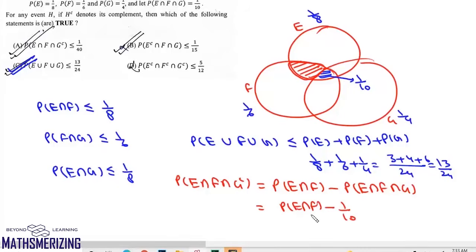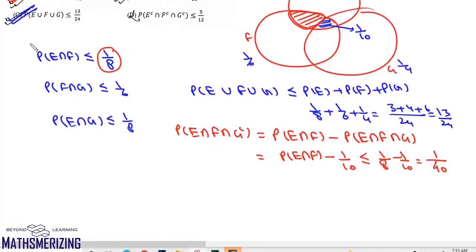Now we know that probability of E intersection F, it is always less than or equal to 1 by 8. So its maximum value is 1 by 8. So it will always be less than or equal to 1 by 8 minus 1 by 10, which is 1 by 40. That means this option A is also correct.